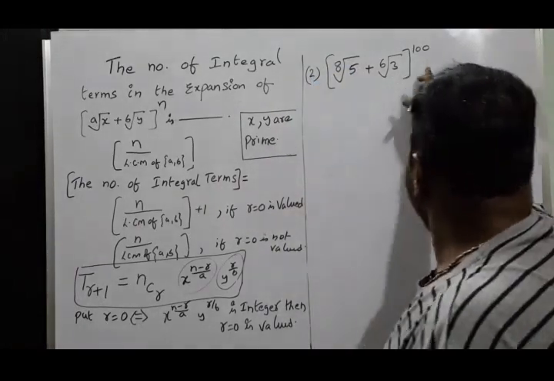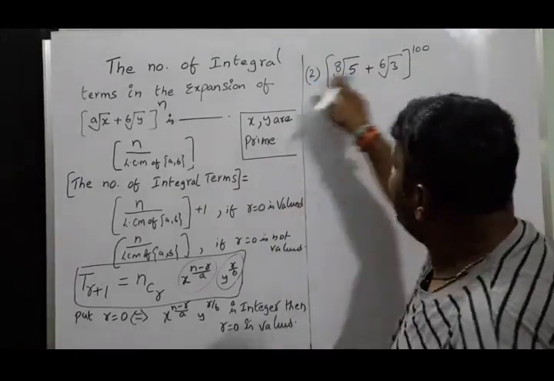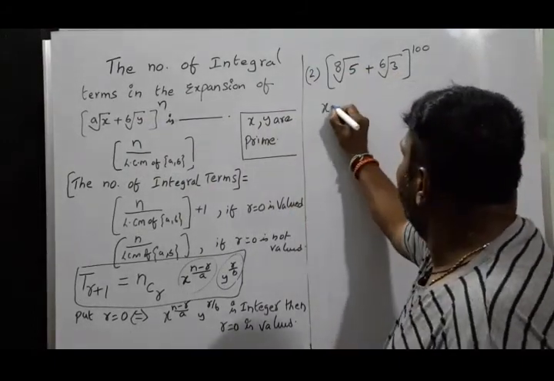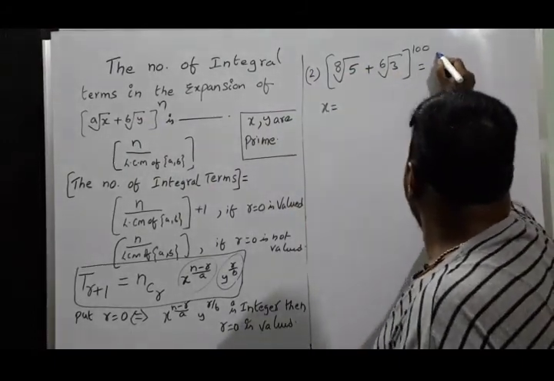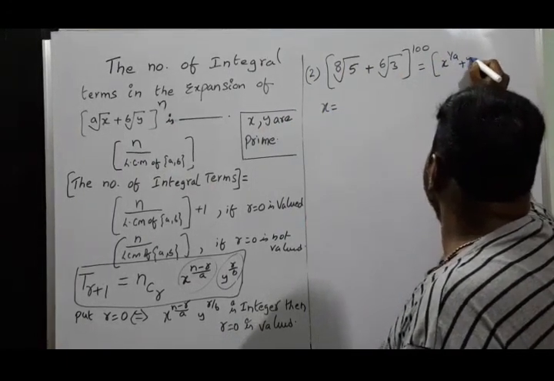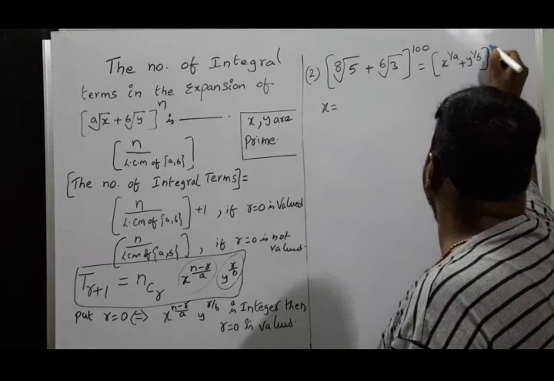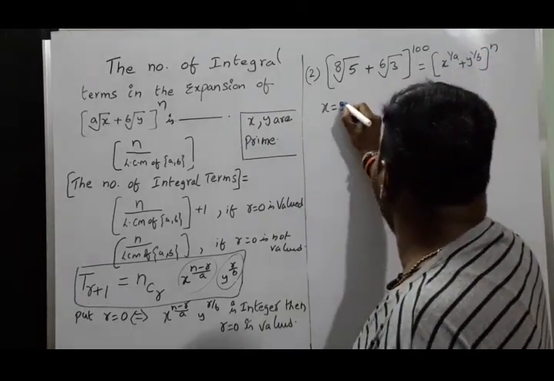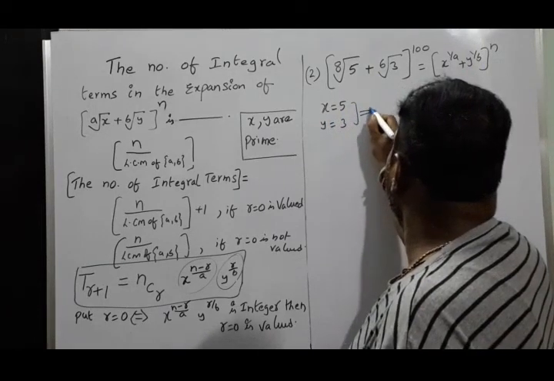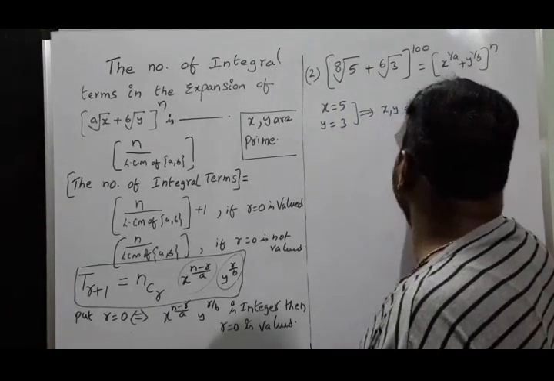So here x is 5, y is 3, both are prime numbers. The expression is x power 1 by a plus y power 1 by b, whole power n. X is equal to 5, y is equal to 3 are prime numbers.